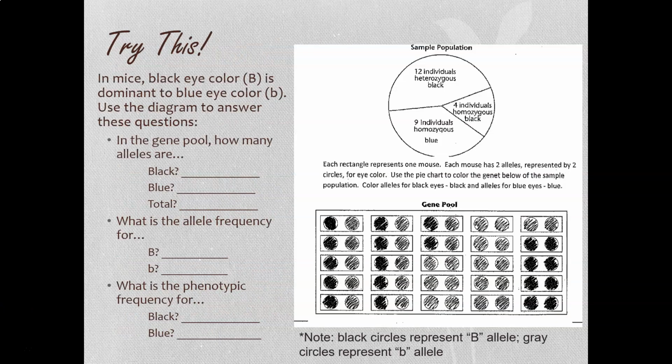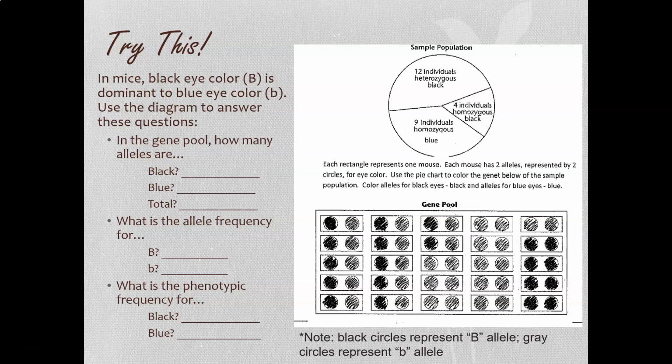So let's take a minute and actually try this out. So I've got a population of mice, black eye color, which is going to be our dominant trait, and that's dominant over the blue eye color, which we'll use as the lowercase.